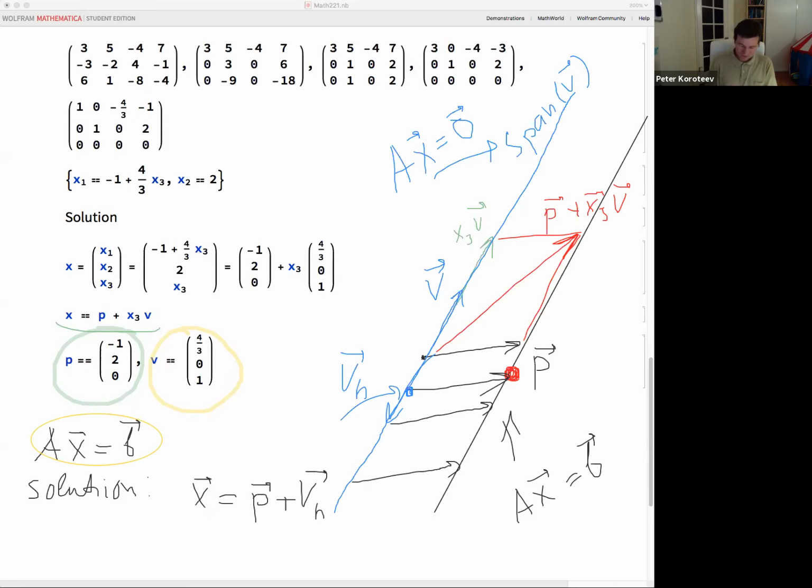And so to get every point on this line, you can get it from a point on that line by adding this vector p. That's the theorem, which we have illustrated on the example. Questions?